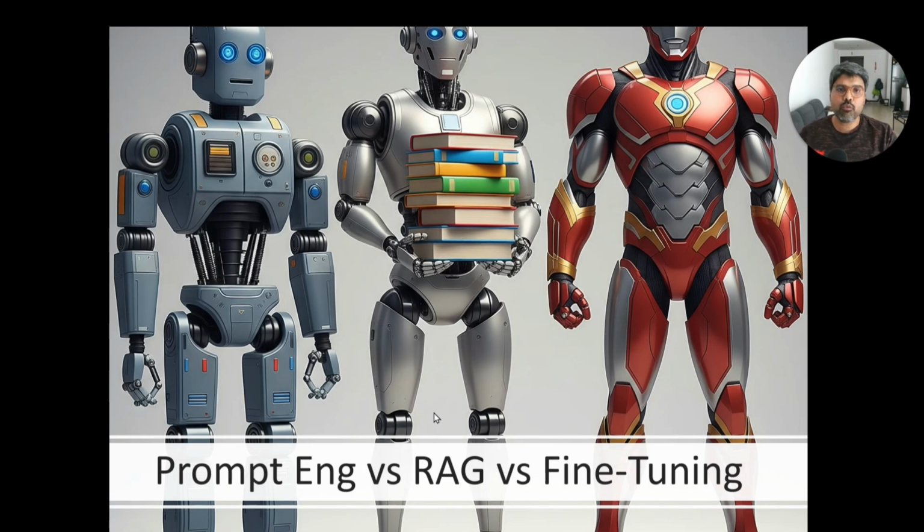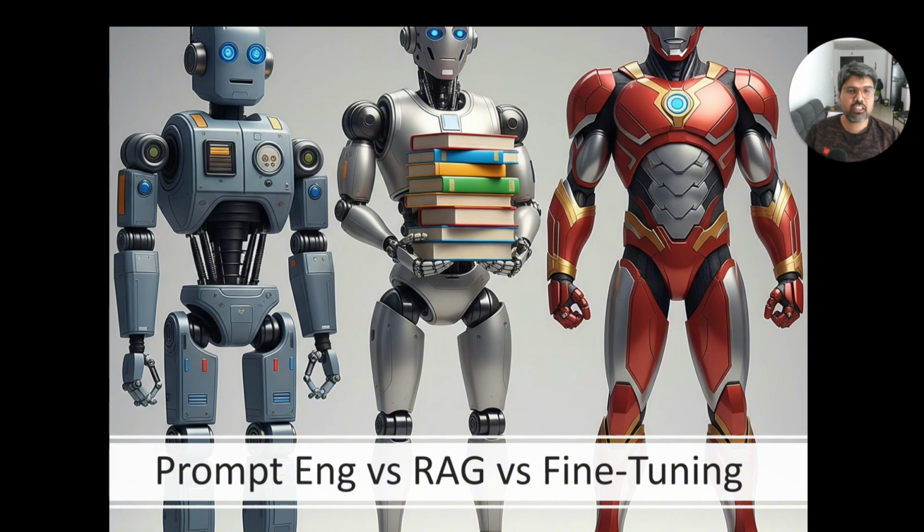Now moving to the next one, and I will be talking more about when to use what. Retrieval augmented generation. If you can see, the robot is having some books. In the previous case, the robot is just giving you answers from the large language model, from all the data that it has. It does not have any external memory.